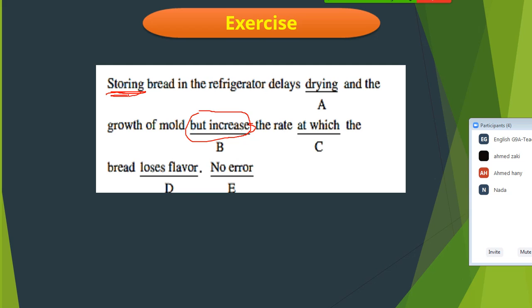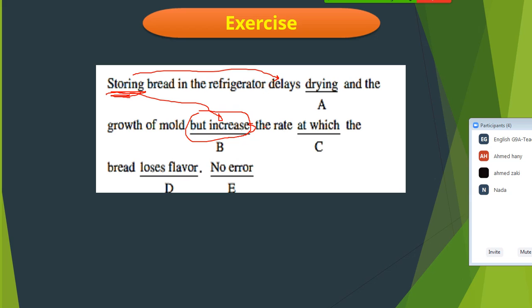Excellent, that's right. Storing, this process of storing bread, does 2 things. Number 1, it delays. Number 2, increases. Let's understand the sentence. Storing bread in the refrigerator is a process of storing the bread.